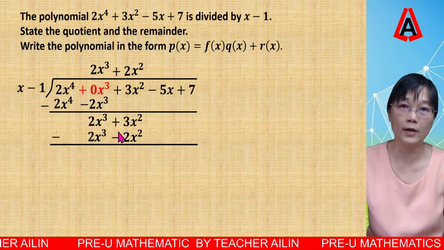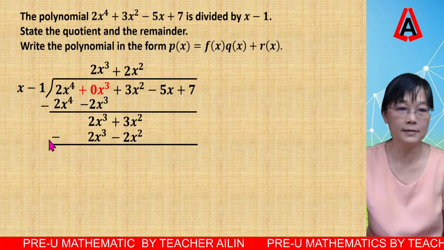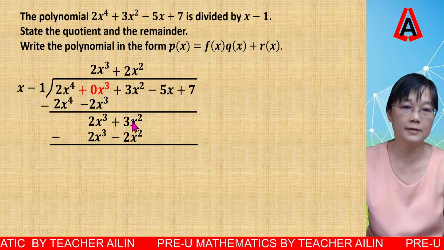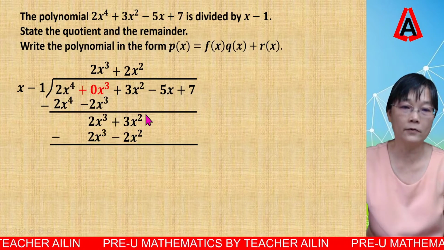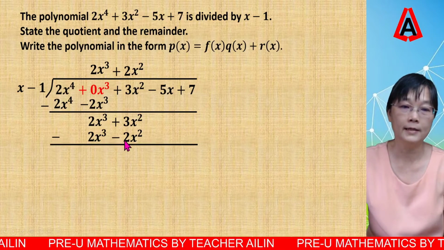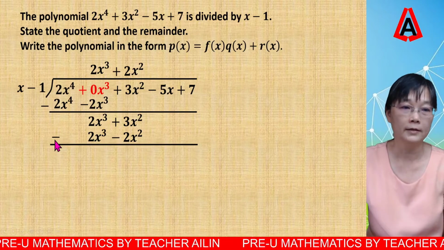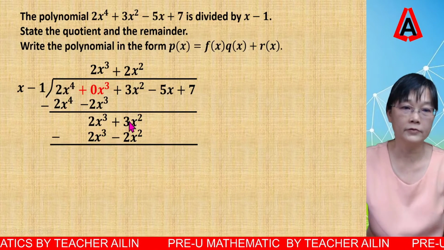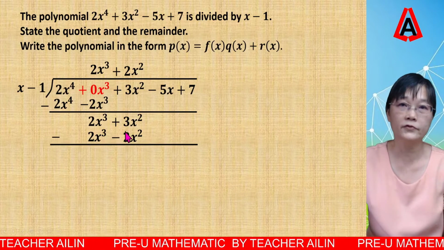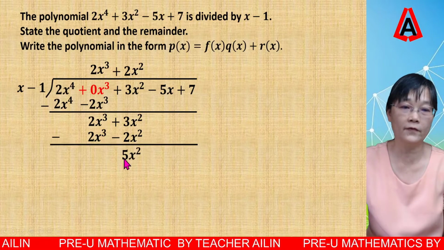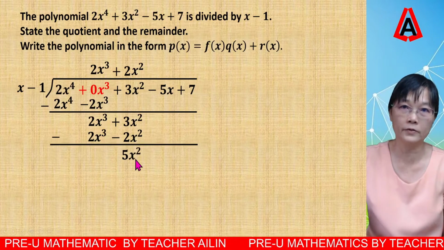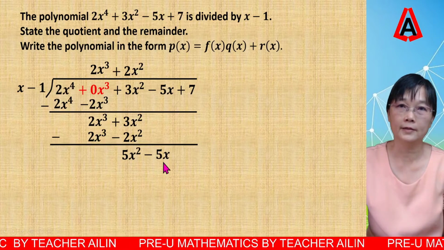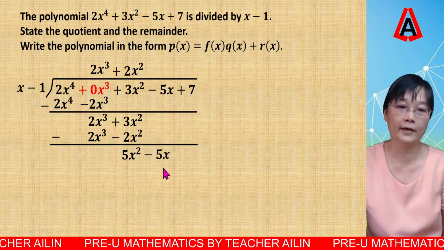When doing this one, you have to be very careful because this is the minus, this is the negative 2. So we should consider 3x power 2 minus negative 2x power 2. Negative and minus will become positive. So we'll get 3 plus 2, which is equal to 5. So 5x power 2. And before continuing, we should bring down another term, that is minus 5x.